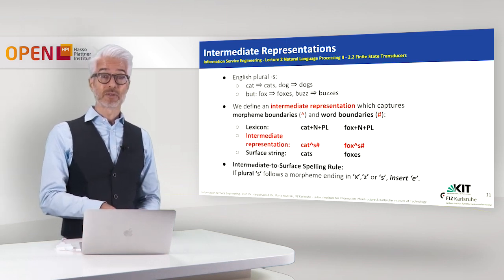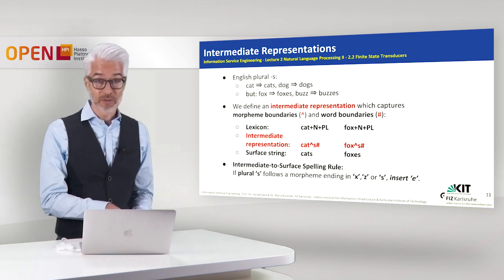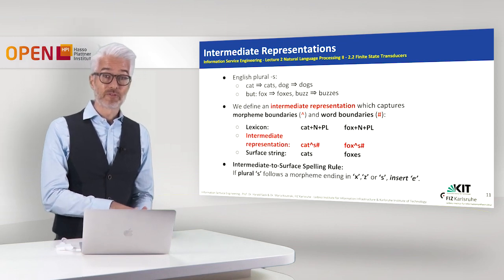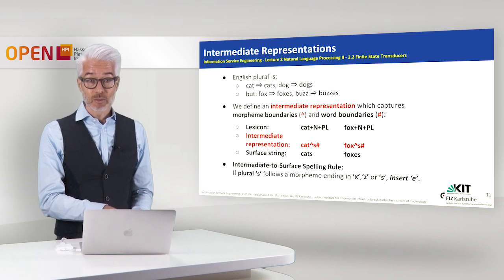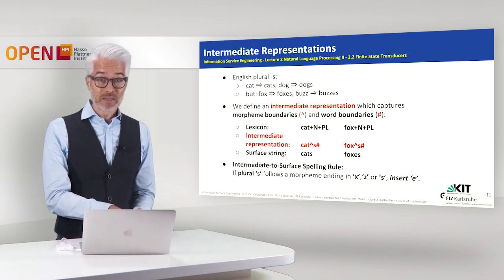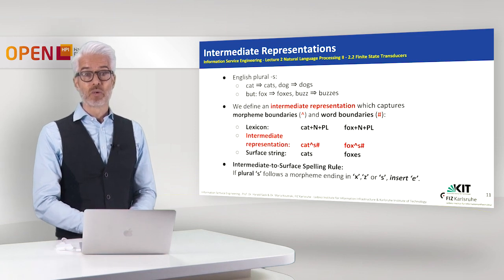And now starting from that intermediate representation, the second transducer simply transforms cat, morpheme boundary, plural S, and word boundary into the lexical form, which is cat, the stem, which is a noun, which is in plural. And the same happens with foxes.